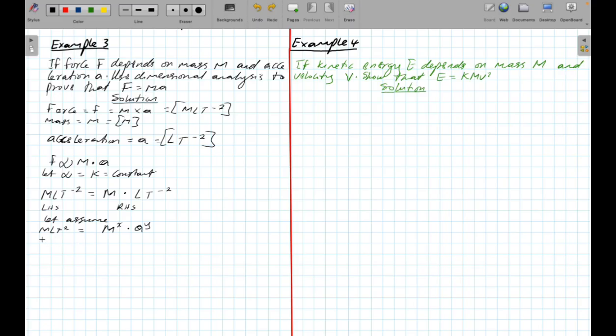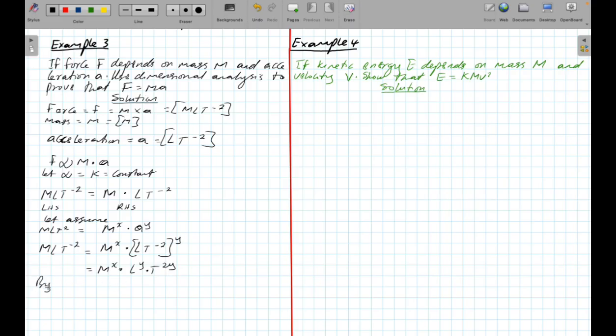So m L t raised to the power of minus 2 equals m raised to the power of x, and the dimension of acceleration is L t raised to the power of minus 2 raised to the power of y. So we can open the brackets: m^x multiplied by L raised to the power of y multiplied by t raised to the power of 2y.